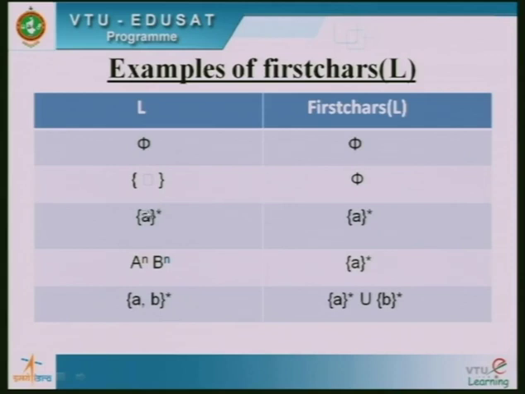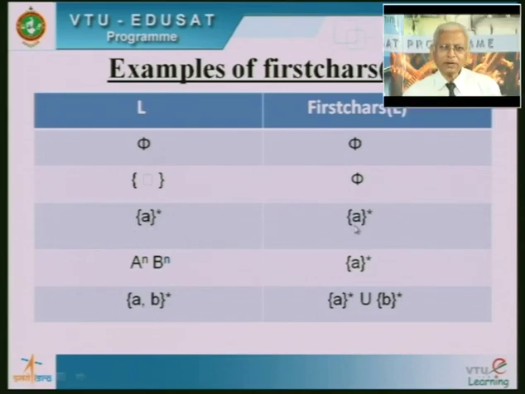If epsilon is there, then also there won't be, because epsilon is only a null string. So, again phi will come. If you have a star, that means epsilon, a to the power of 3, a to the power of 4, etc., then the first character will depend on the string. If it is a, then the first character will be a.